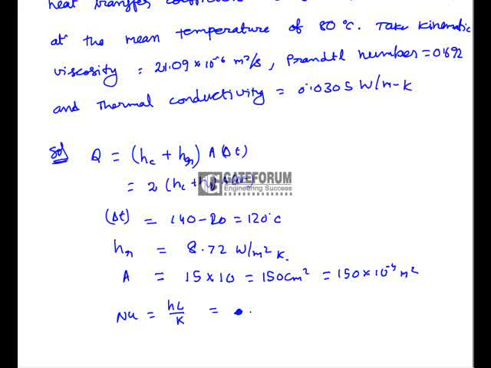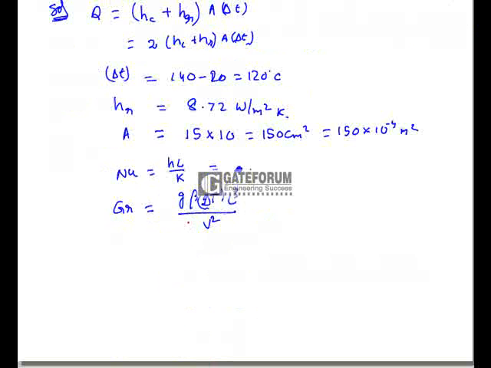We will have to find out the Grashof number, which is given by g beta delta T L cube by nu square. Here beta is nothing but 1 by the mean temperature, that is 1 by 80 plus 273. So this is the beta value.